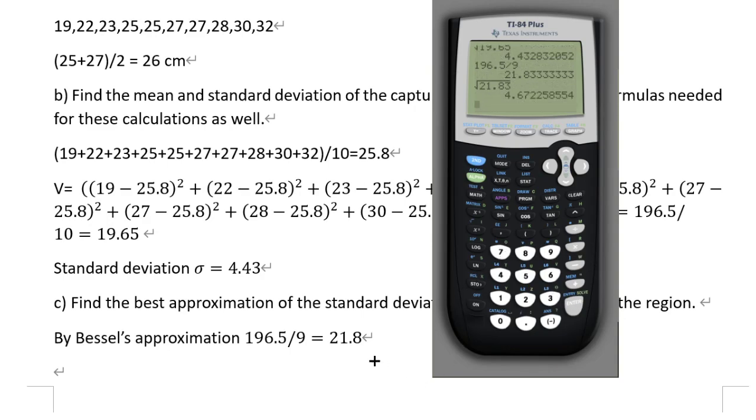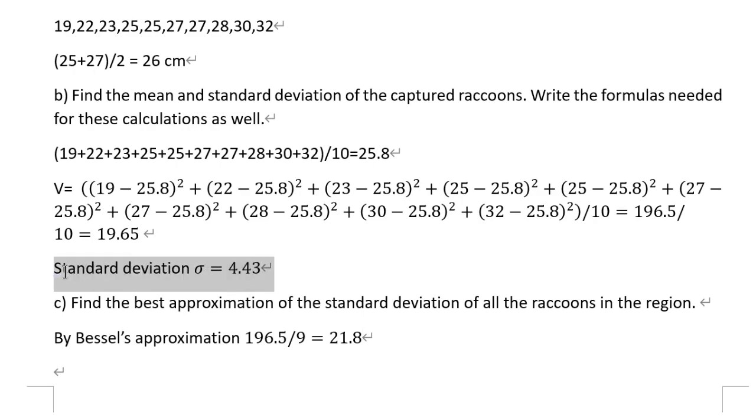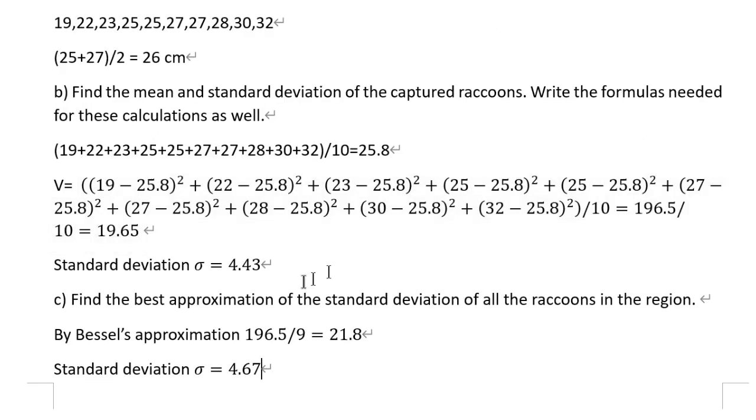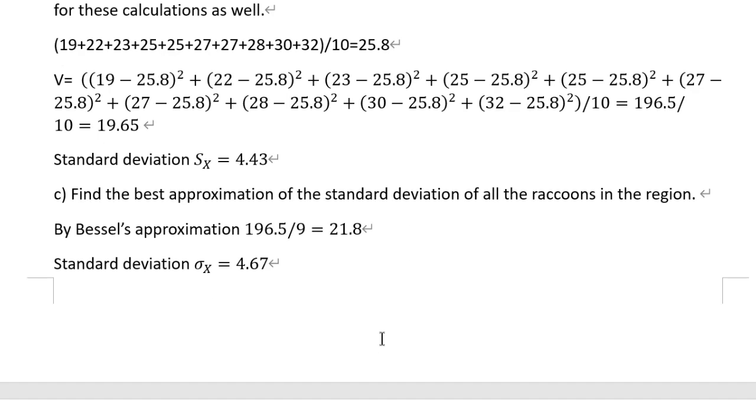You get 4.67. So standard deviation would be 4.67. Oh, by the way, if you put this into a table, this is what's written as Sx, which is the sample standard deviation, okay? And that's 4.43, whereas the sigma of your sample would be 4.67. So if you're using the table, you can get this a lot quicker that way.